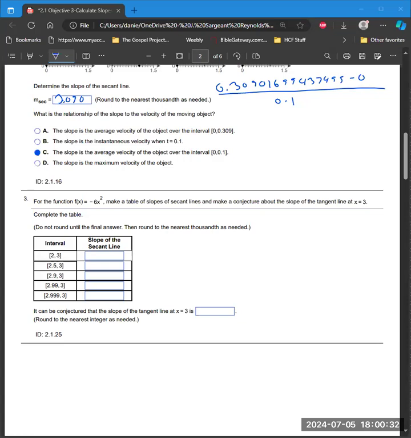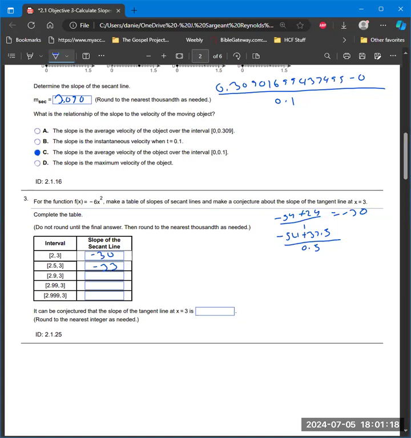Okay, so this is going to be negative 54 plus 24 over 1, which is a negative 30 to start off with. And then it's going to be negative 54 plus 37.5 over 1/2, which is a negative 33.